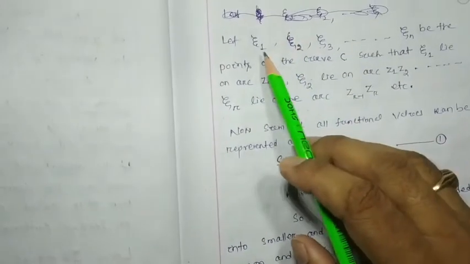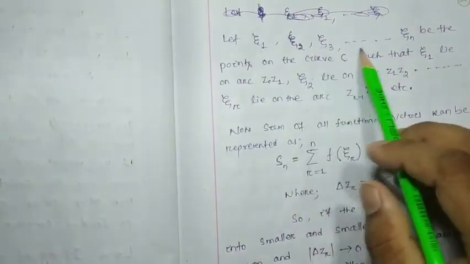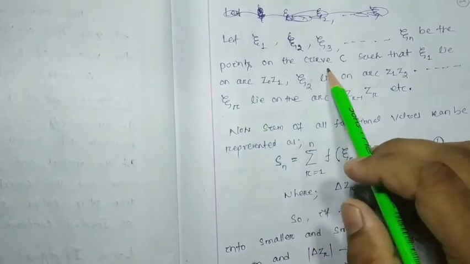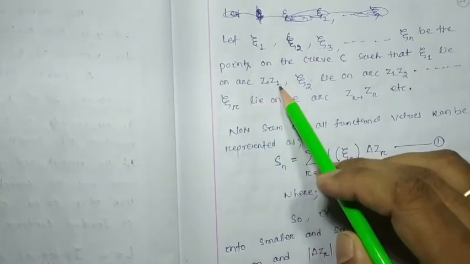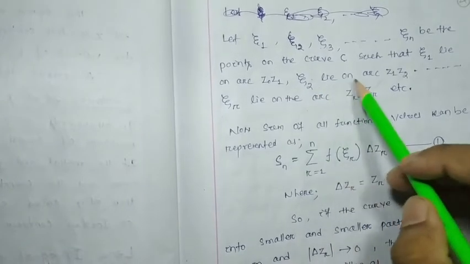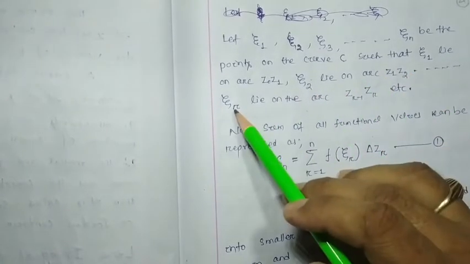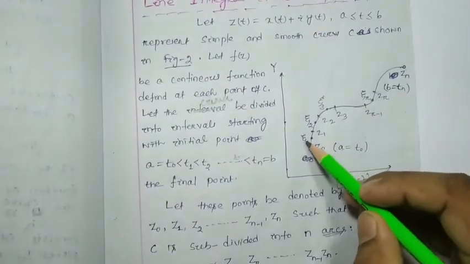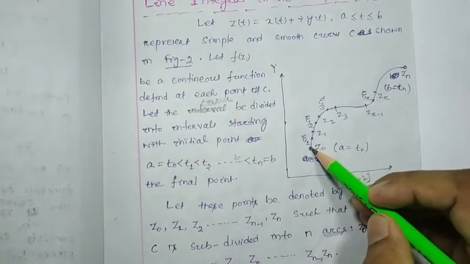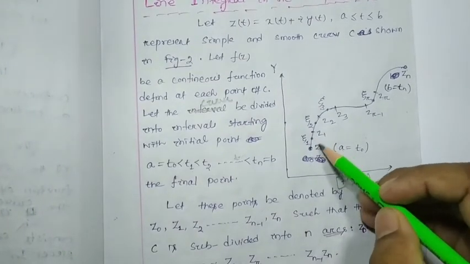Let xi1, xi2, xi3 up to xin be the points on the curve C such that xi1 lies on the arc z0 z1, xi2 lies on the arc z1 z2, xi r lies on the arc z(r-1) zr, etc.